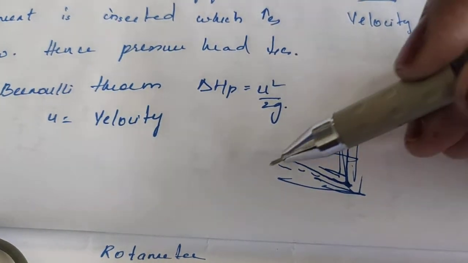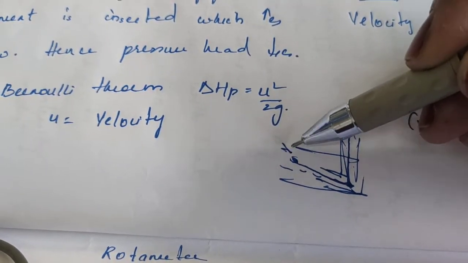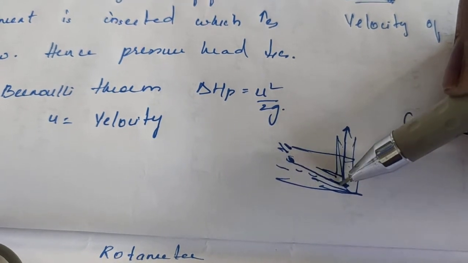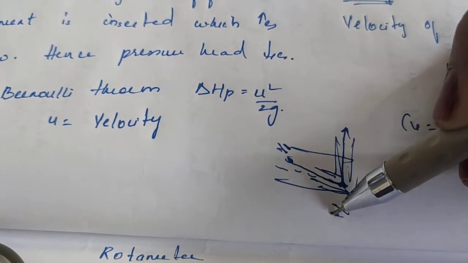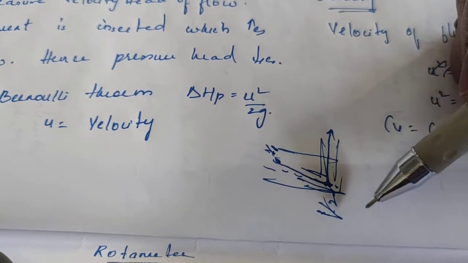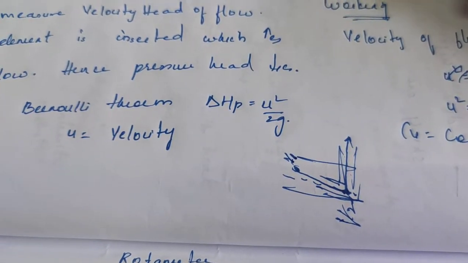The velocity of fluid at this point we call v1, and the velocity of fluid at this point, v2, is completely different. This difference between v1 and v2 is calculated using the Bernoulli equation.